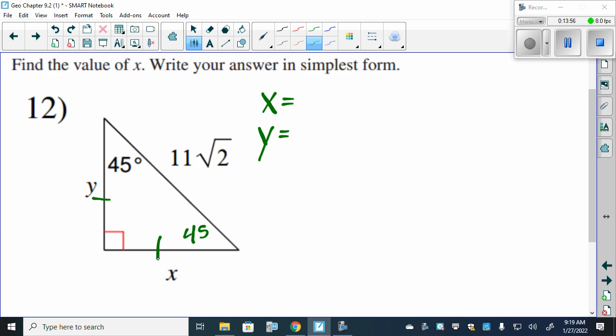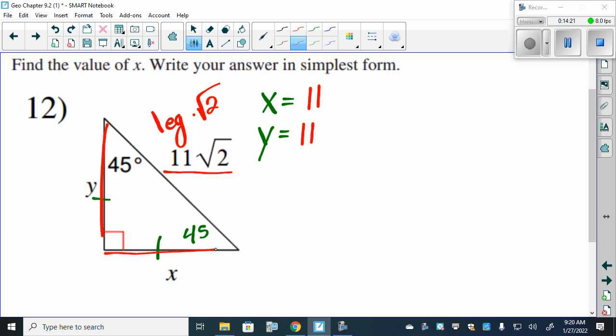Okay? What can we do first about finding what x and y are? Or what are they going to be? And 11, because we know that the hypotenuse is what? And these two sides are the legs.